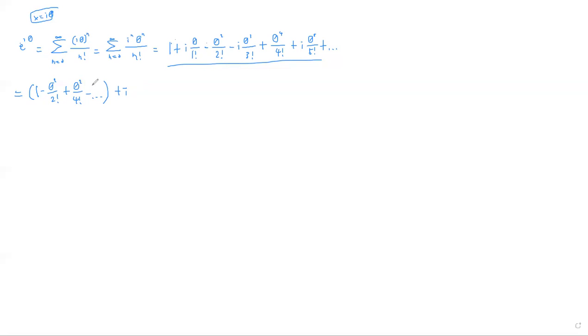Sorry, that's supposed to be a 4. I could have said plus minus theta to the 6 over 6 factorial, but I know the formula already. So i times theta over 1 factorial minus theta cubed over 3 factorial plus theta to the 5 over 5 factorial minus yada, yada, yada, like that.